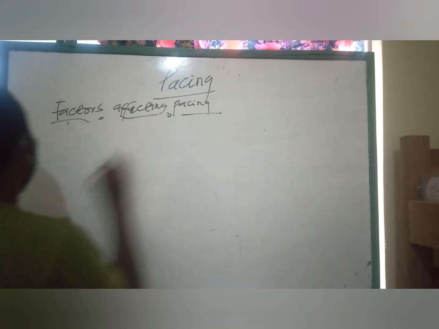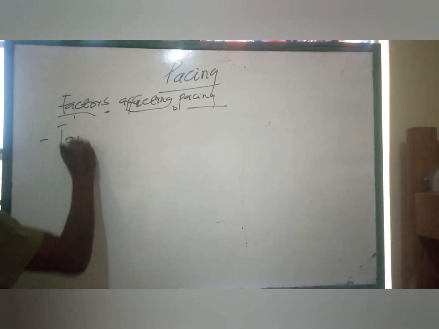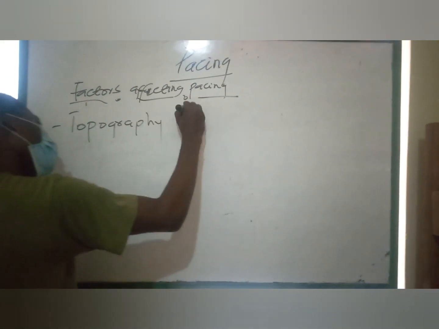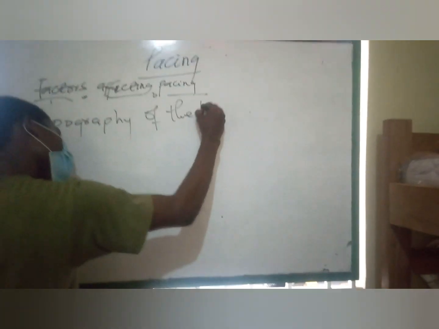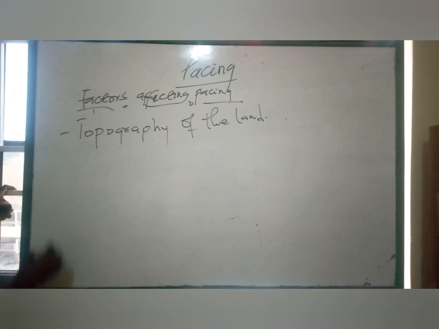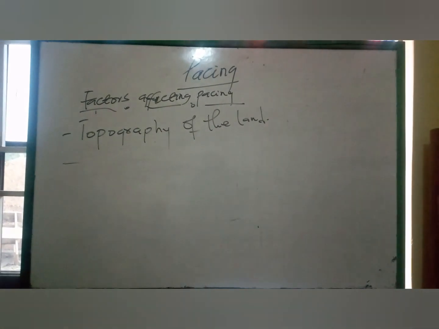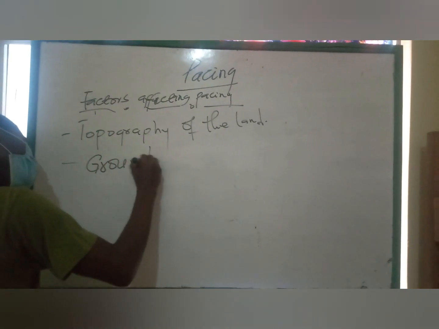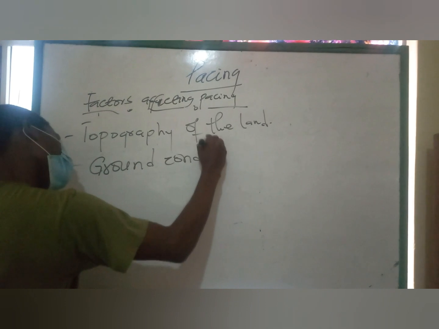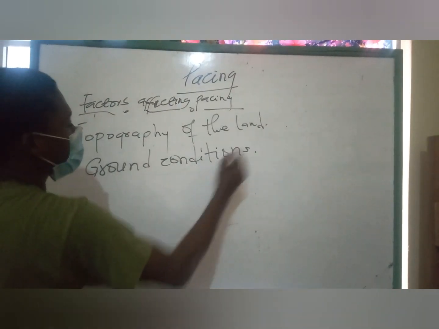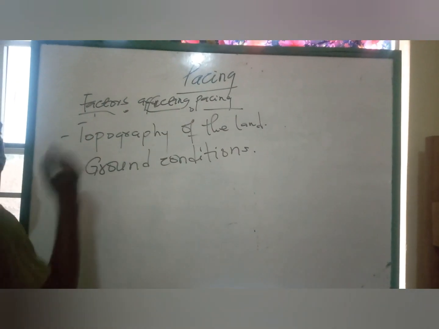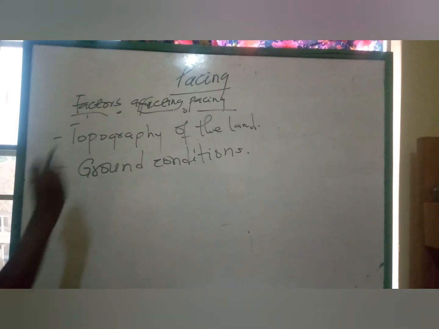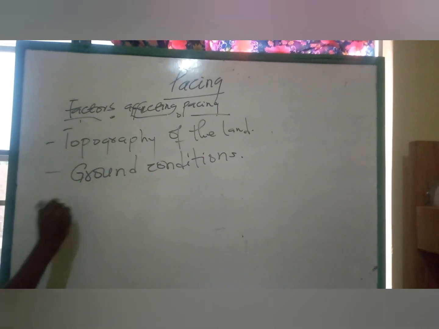Now, one important factor is the topography of the land. The next important factor is the ground condition. So when you go to an environment where the place is very muddy, your walking style changes. Now again, note this one too.